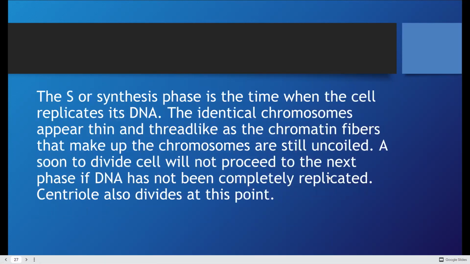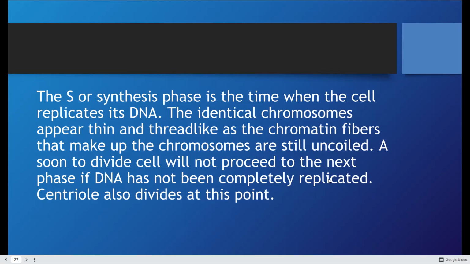Next, after G1, the cell moves to S phase, or the synthesis phase. This is the time when the cell replicates its DNA. The identical chromosomes appear thin and thread-like as the chromatin fibers that make up the chromosomes are still uncoiled.